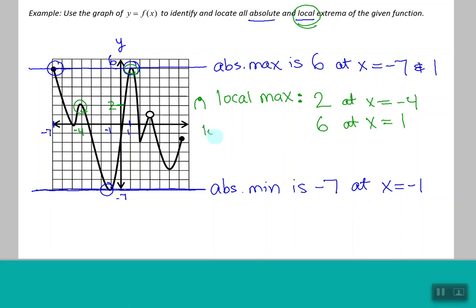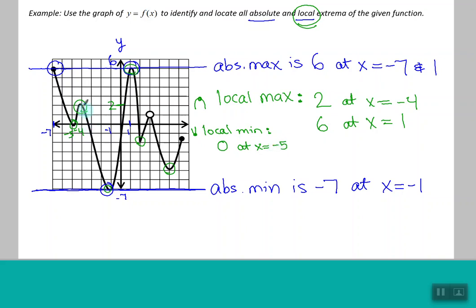Now let's look for our local minimum values. So we're looking for bottoms of valleys, like that. I see there's one here, another one here, a third one here, and a fourth one here. Lots of little valleys. So I've got that local minimum is 0, located at the x value, -5.